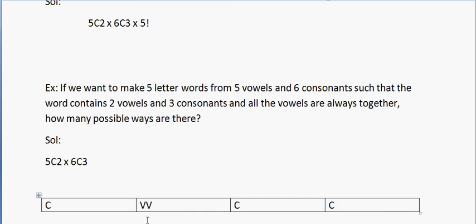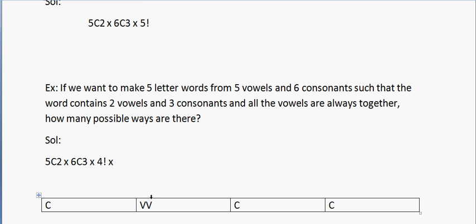So if we consider these two vowels as just one entity, how many things are there? There would be 3 consonants, and these vowels form one entity, so there would be 4 items. The items contain 3 consonants and an entity of 2 vowels, which means these 4 entities can be arranged in 4 factorial ways, right?